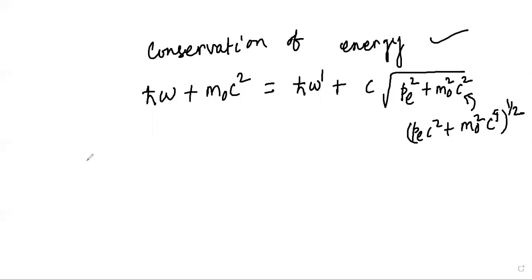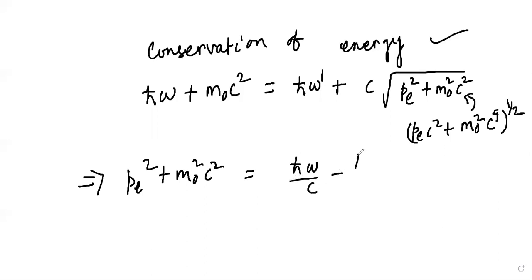So here now we can write this term, pe squared plus m0 squared c squared, as follows. You can just arrange it: h bar omega divided by c, minus h bar omega prime divided by c, this is one term, plus m0 c squared divided by c, that gives you m0 c.